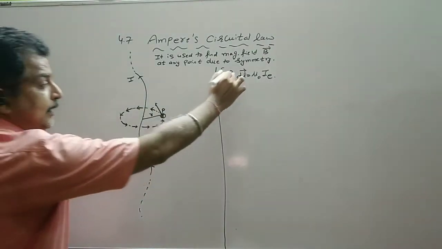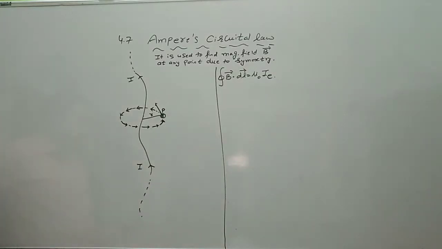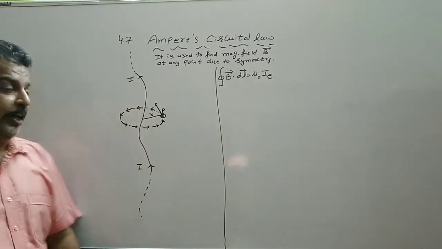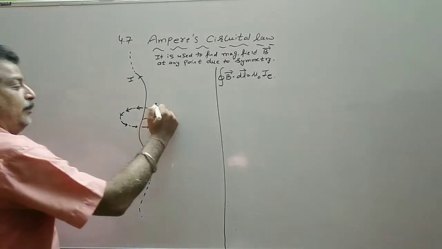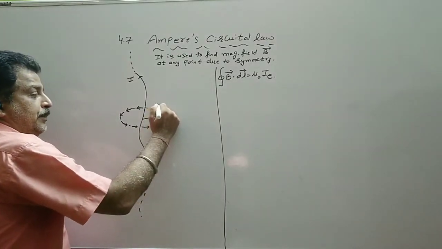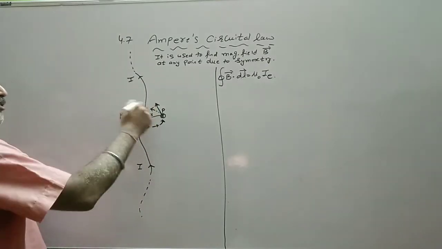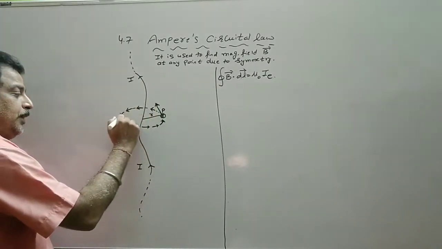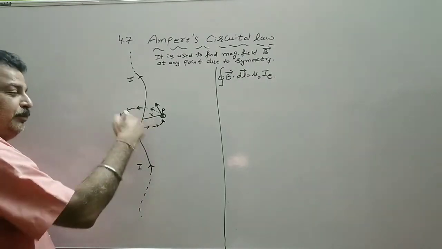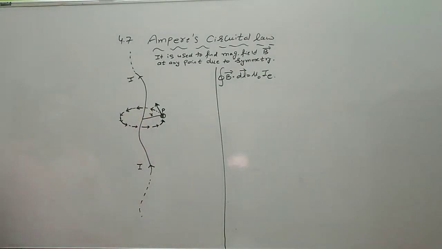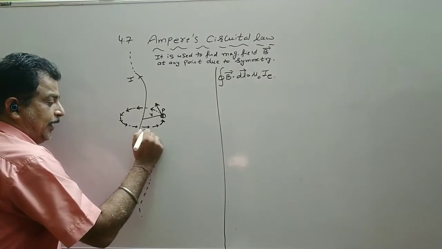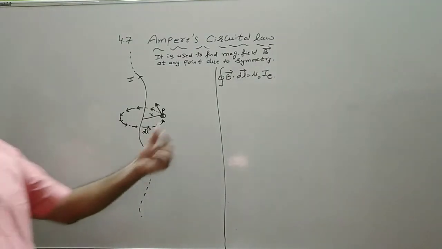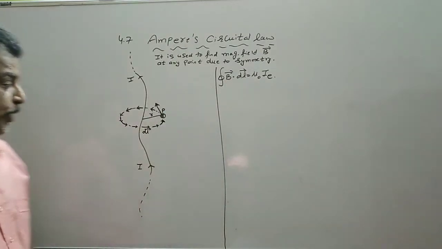That is, theta will become 0, and it will be easier for us to find the magnetic field intensity. So if the magnetic field is circular, we divide this Amperian loop, as well as the shape of the magnetic field, in the direction of B. This is your line element. So now it will be easier to evaluate this dot product.